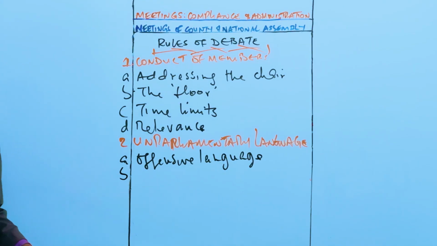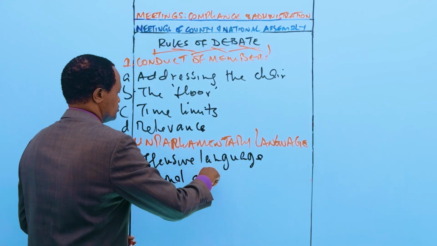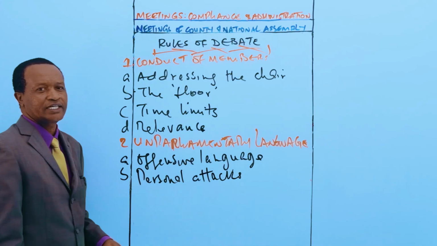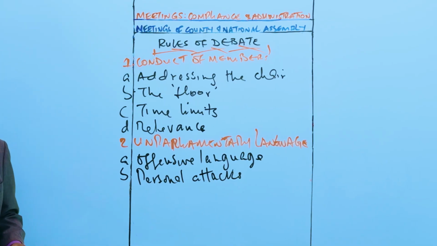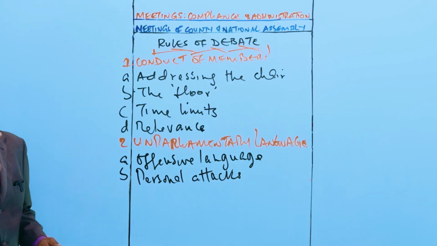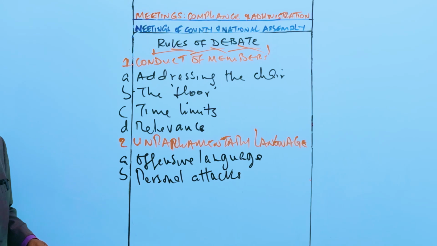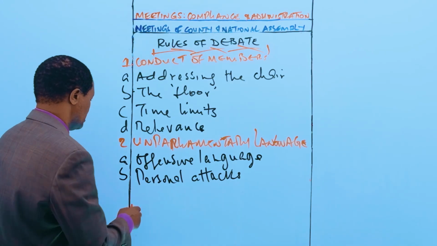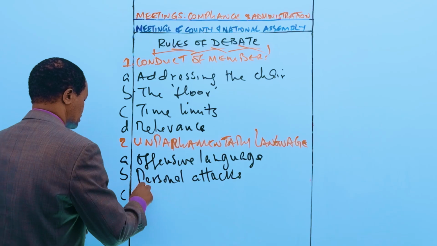Number 2, we have what we call personal attacks. Debate must focus on policy and the issues at hand, and not on the personal character or the private life of another member. That is prohibited. Then the third rule here is interruptions.